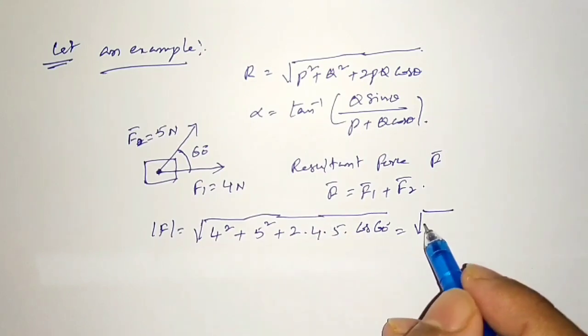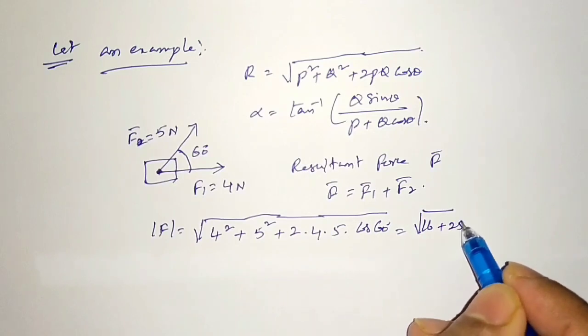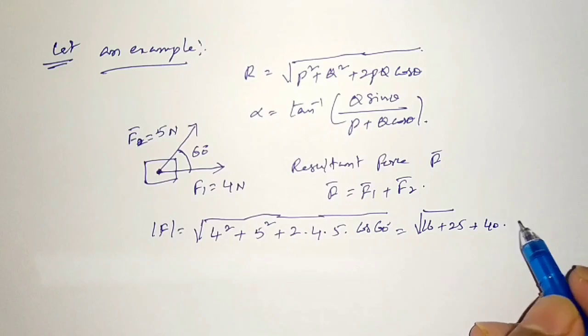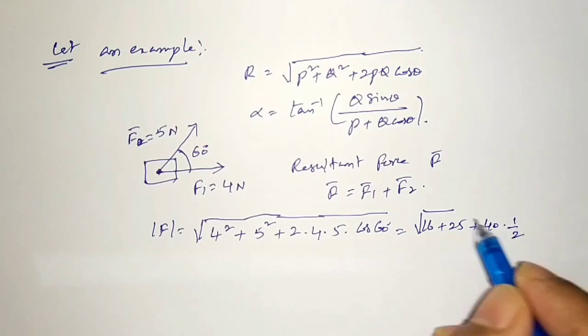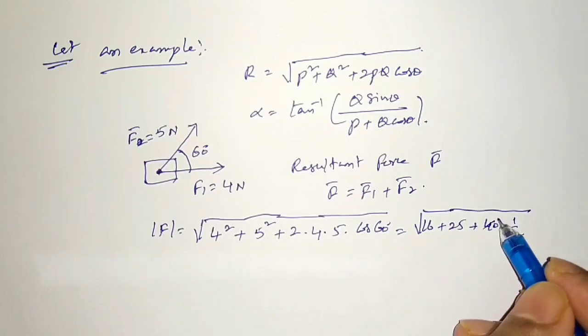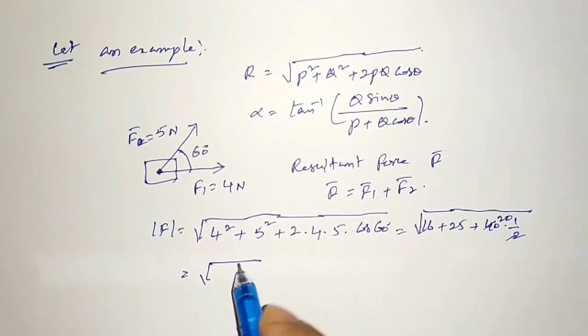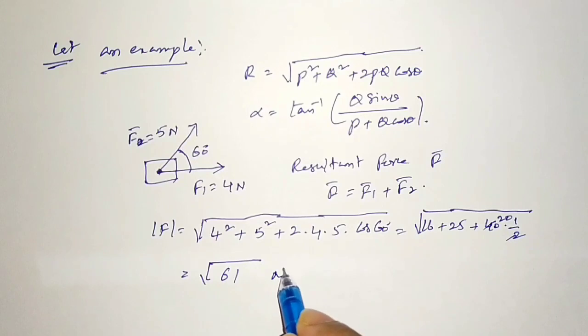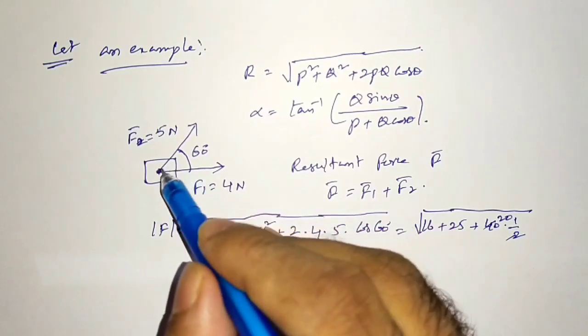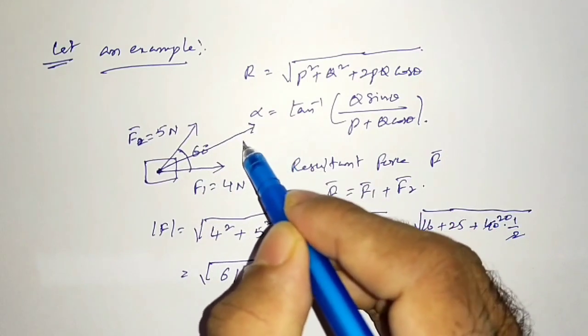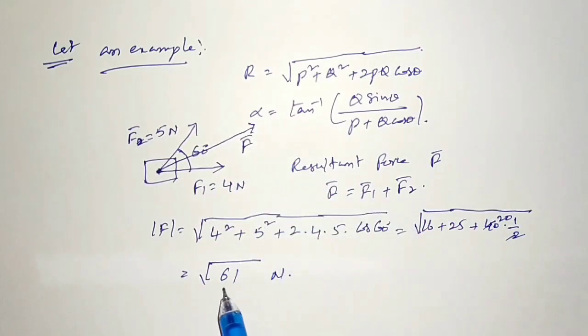Root over 16 plus 25 plus 40 into cos 60 value 1 by 2. So that is root over 61 newtons, the magnitude of the force.